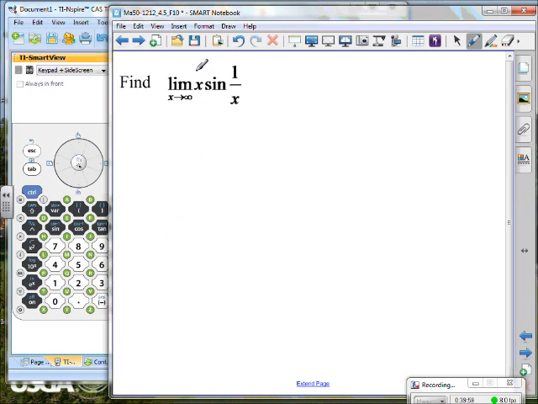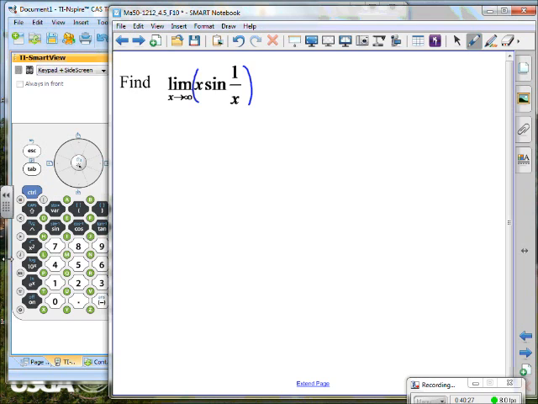Find the limit of x. If you need to, put parentheses around that. As the inputs go to infinity, what do these outputs approach? Now we haven't had anything with the limit of sine.